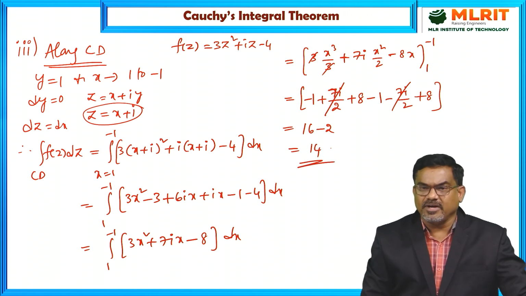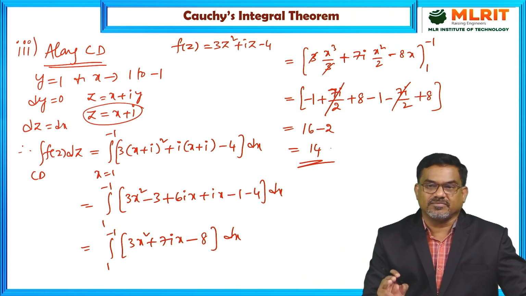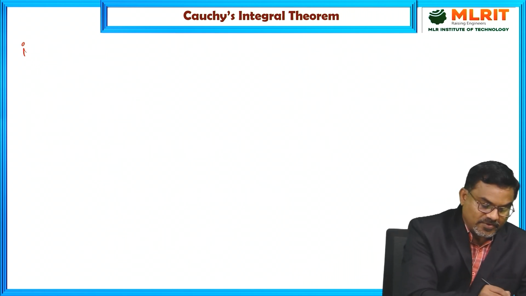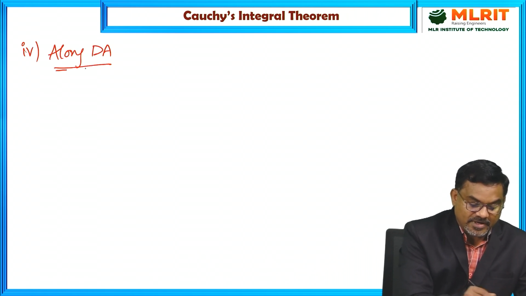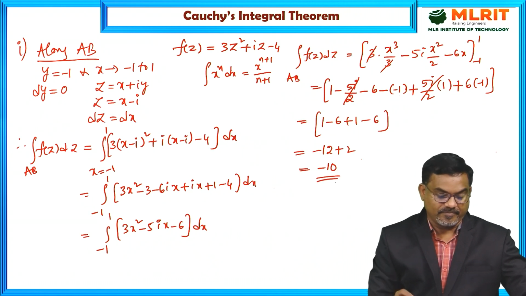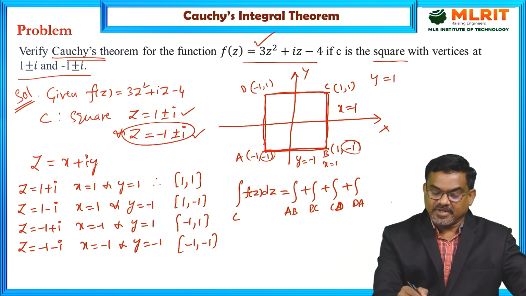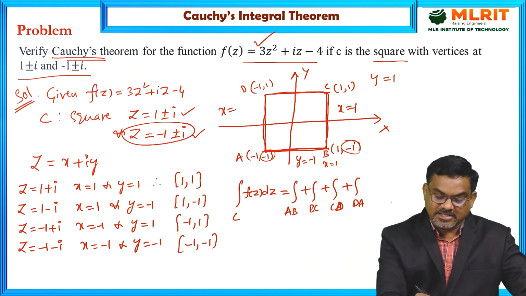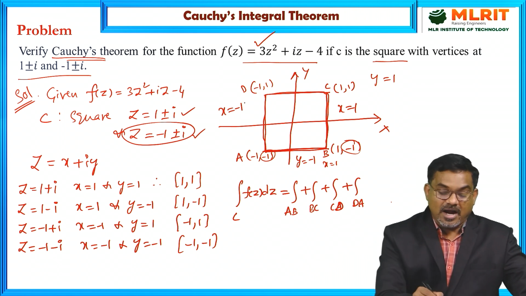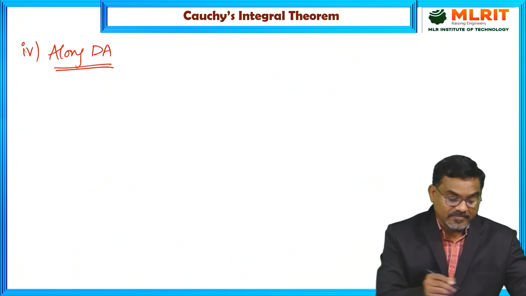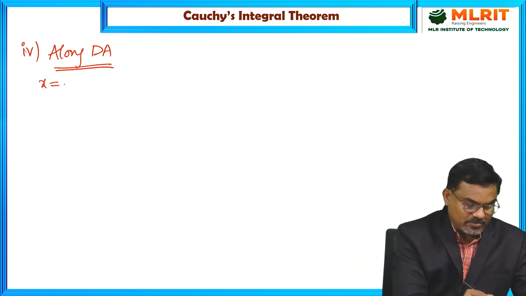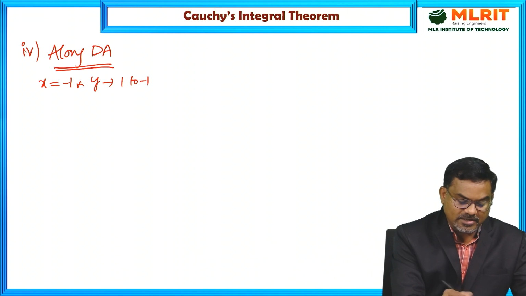So we have evaluated the line integral along 3 sides of the square, and the fourth one is left, along DA. So D to A. Here it is very clear that x is fixed, minus 1, and y changes from 1 to minus 1.